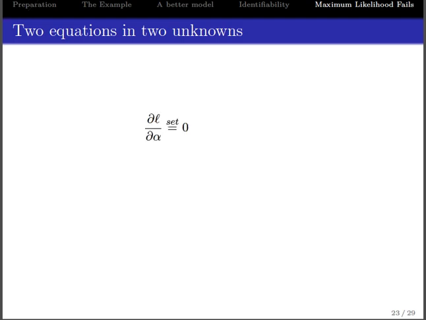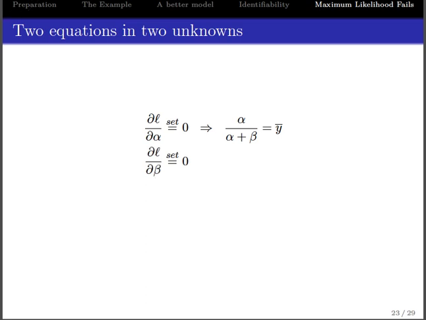First, we differentiate the log likelihood with respect to alpha and set that to 0, and when you do, you get alpha over alpha plus beta equals y bar. Okay, good. It works very much like the other maximum likelihood example that I showed you in the first slide set.